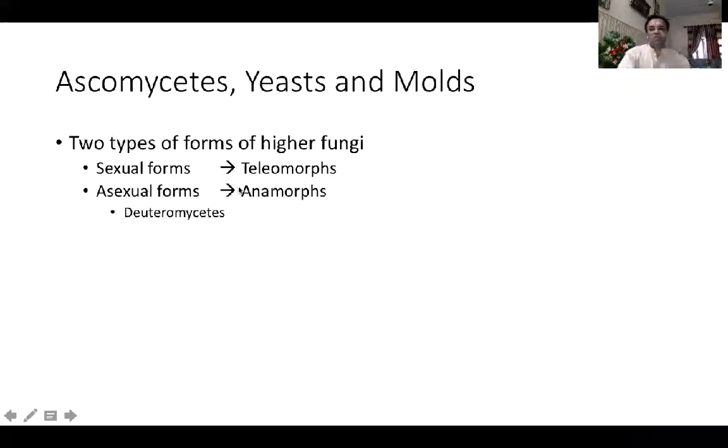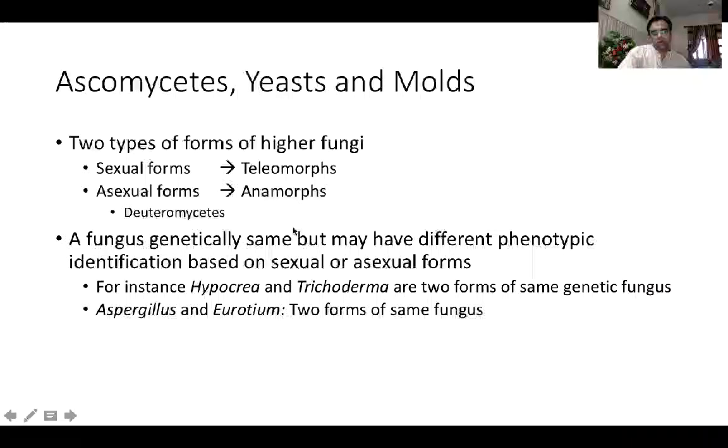But these sexual forms may have their counterparts, their asexual form, that's called anamorphs. And anamorphs are basically the asexual form of the same fungi. These asexual forms have been placed in Deuteromycetes. So here we conclude with this statement that a fungus may be genetically the same but may have different phenotypic identification based on sexual or asexual forms.